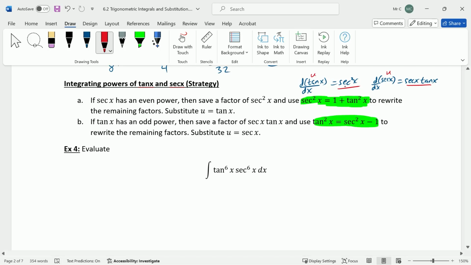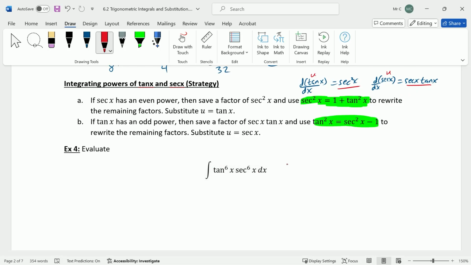But again, we know these derivatives for tangent and secant, so if we just think about those derivatives, that tells us, depending on what kind of u we're going to pick, which of these things we need to do. So I look at this case and I see, okay, tangent is an even power, so that's not going to work, because if I was doing u as tangent, or if I was doing secant of x tangent of x, I wouldn't be able to have that for my du.